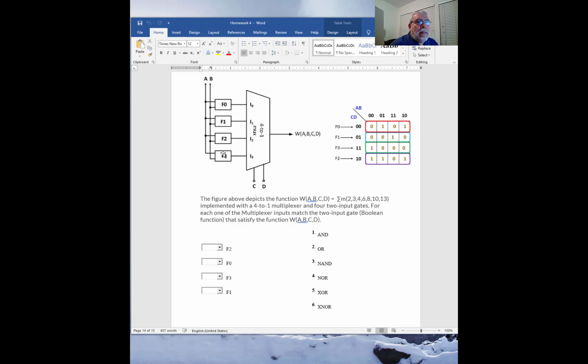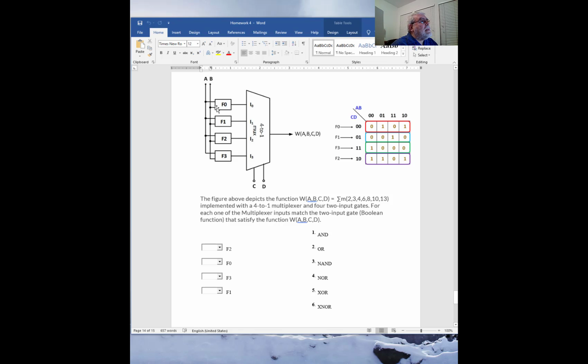Okay, so the only thing that you need to look into is that we have all the 4 functions that will depend on C and D. So if this is C and D in the K-map, if you look into what this represents, for instance, C0, D0, C0, D0 is this.